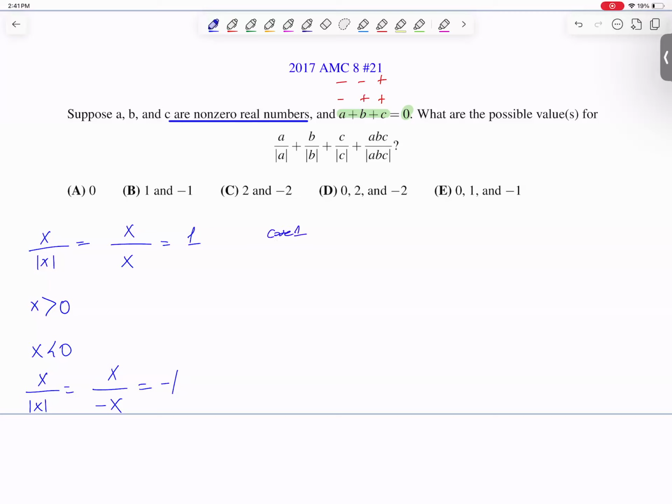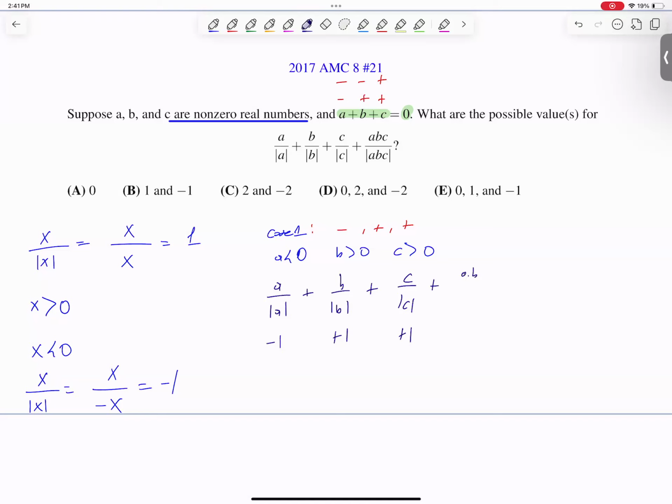We have one negative and two positives. Let's say A is less than 0, B is greater than 0, and C is greater than 0. In this case, A divided by absolute value of A, since A is less than 0, will be negative 1, plus B divided by absolute value of B will be positive 1, since B is greater than 0, and C divided by absolute value of C is also positive 1, plus A times B times C. We have one negative and two positive, so the product is negative.